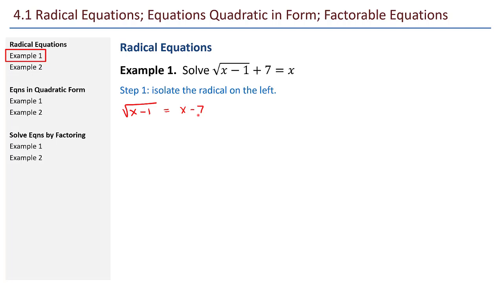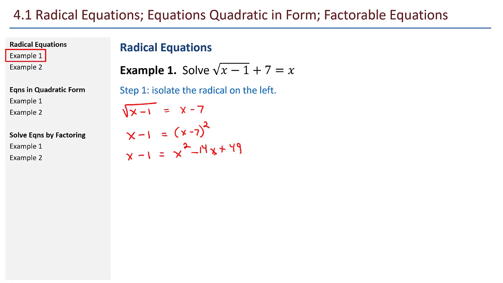Once you do that, then you can square both sides, and when I square both sides I get x minus 1 equals x minus 7 squared. Alright, let's expand the square. X minus 1 equals, and you can use FOIL, you'll get x squared minus 14x plus 49.